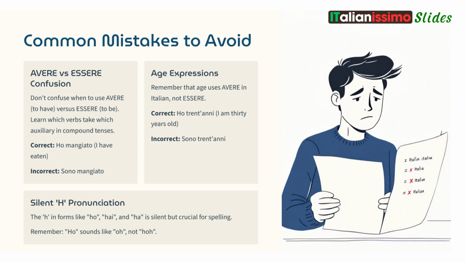Age expressions. Remember that age uses avere, not essere. Correct? Ho 30 anni, I am 30 years old. Incorrect, sono 30 anni. Silent H pronunciation. The H in ho, hai, and ha is silent but crucial for spelling. Remember, ho sounds like O.